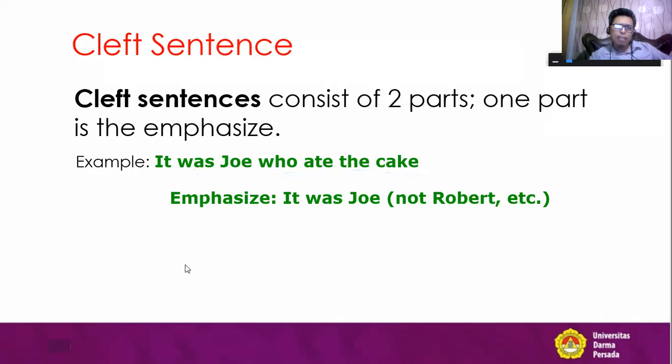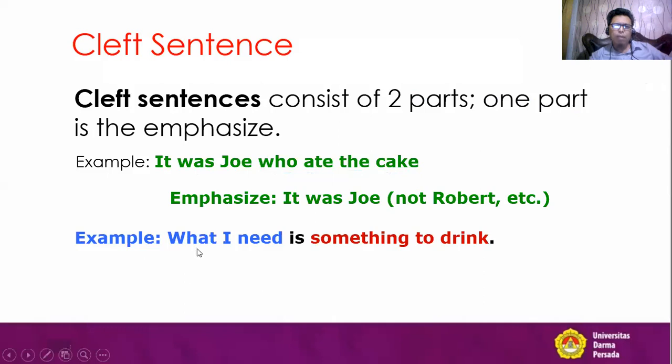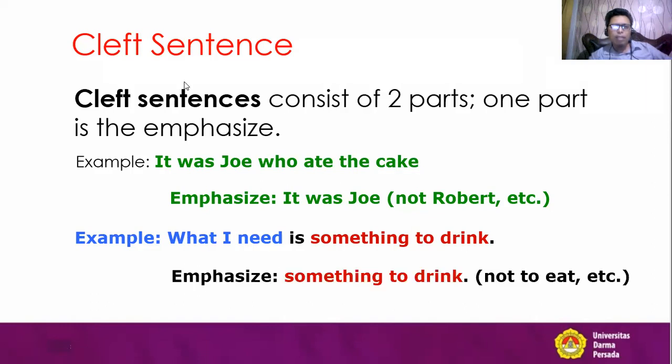The second example, I hope everybody remembers. What I need is something to drink. So which one is the emphasis? The emphasis is something to drink. What does it mean? It means not something to eat, not something to play, not something to watch, but something to drink.